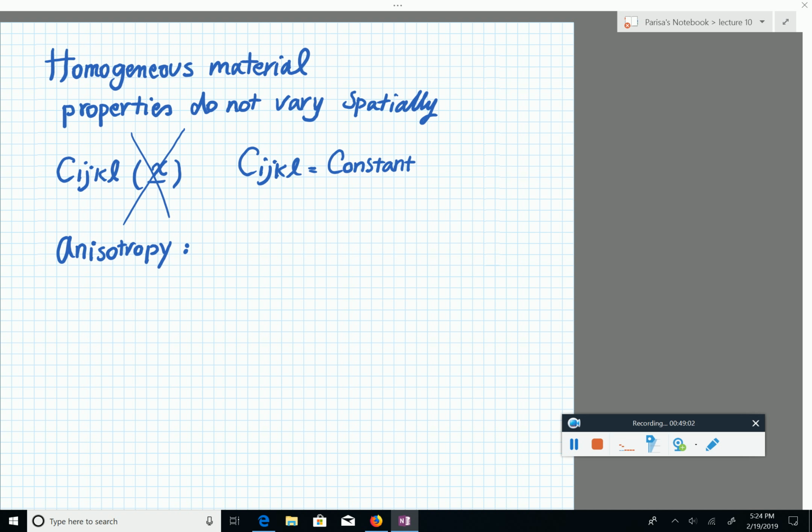You can be at one point, it can be exactly the same everywhere, but in different directions it's different. So, similar to homogeneous material, I would say properties vary with direction or orientation, whatever you like better.